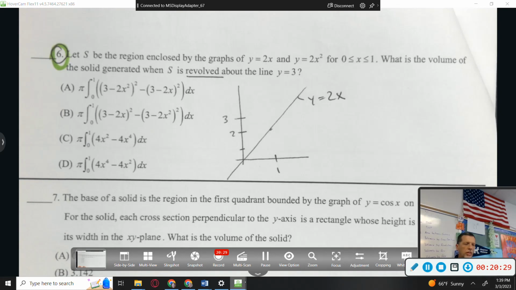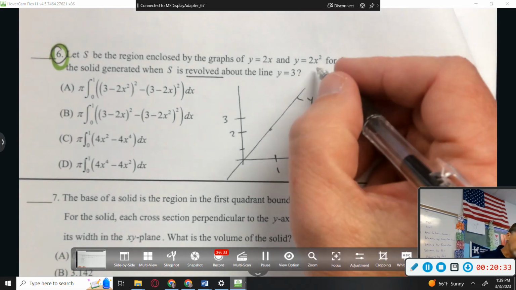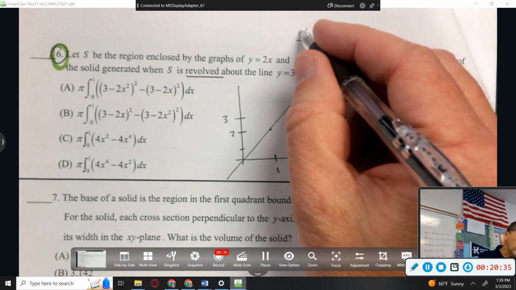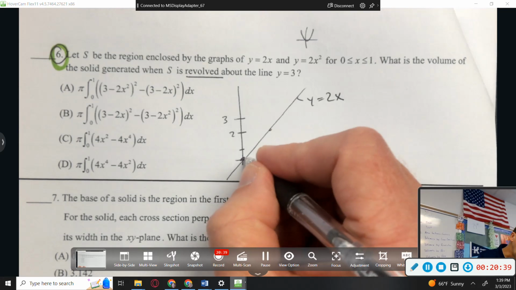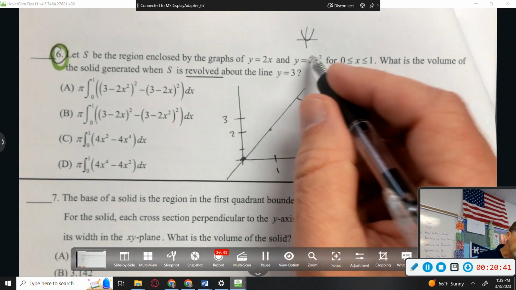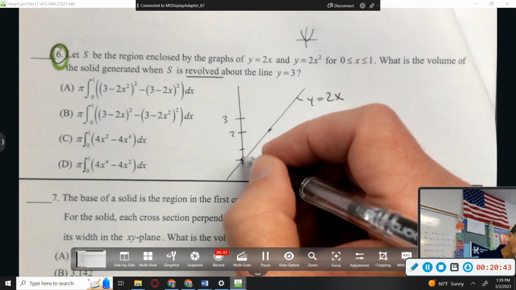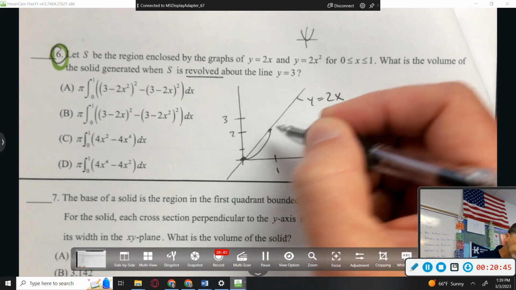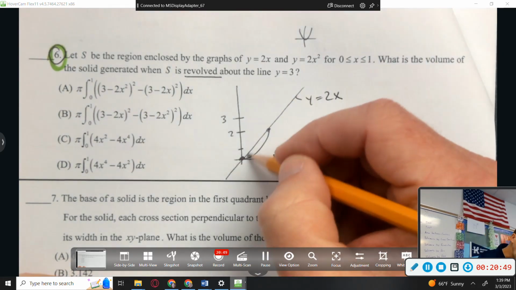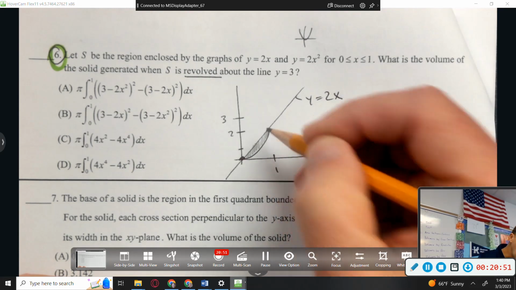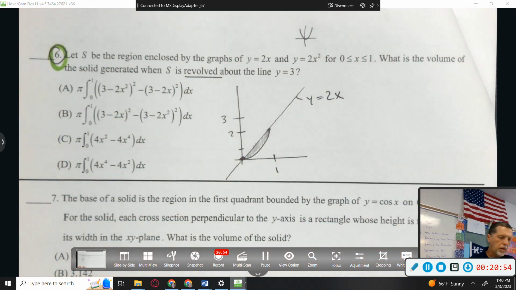This would be a no calculator question probably because of the way it's set up. y equals 2x squared, well, that's just going to be a parabola. It's a little steeper than normal, but it would start at 0, 0. If I plugged in 1, I would get 2. So there's my base region.